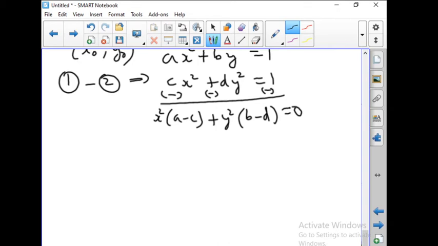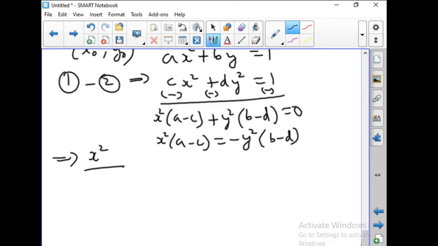So how can we write this? x square into a minus c is equal to minus y square into b minus d. Now we can write it as x square by y square is equal to minus of b minus d by a minus c. Okay, we can write like this.